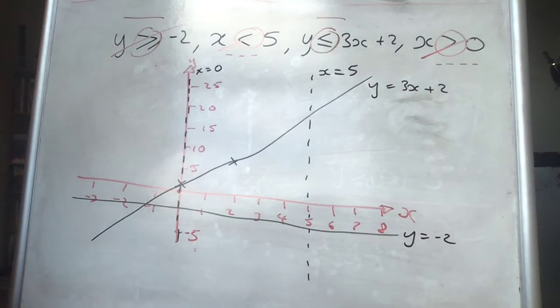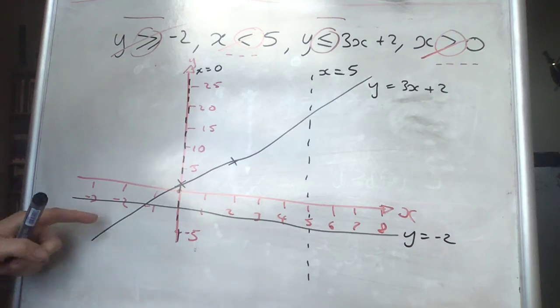Okay, so now we want to shade the required region, okay? And obviously, this can be a bit tricky, but as long as you just pay attention to what you're doing, you should be absolutely fine, okay? And the way to do this would be to shade the region that you think is correct, and then use a test point in the region to make sure it does satisfy the relevant region.